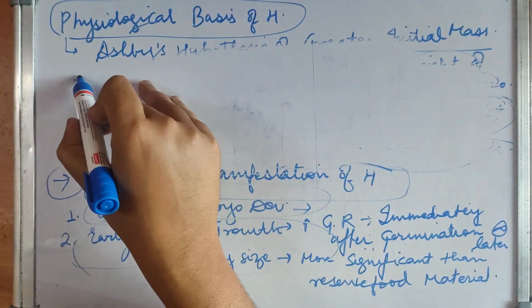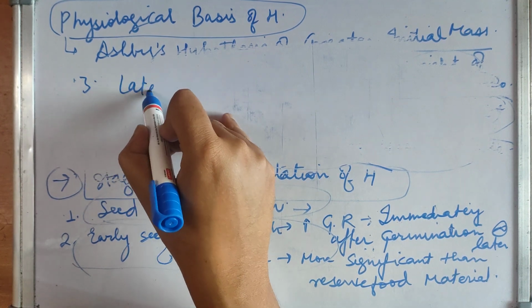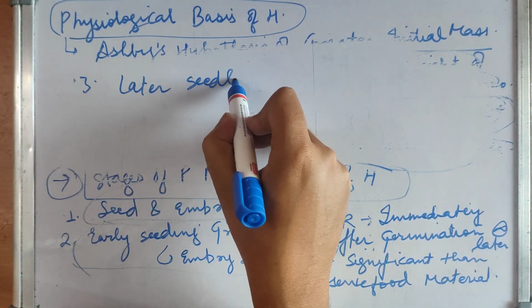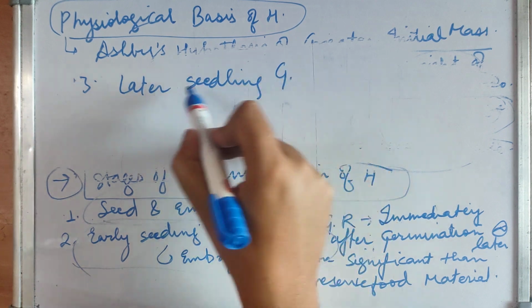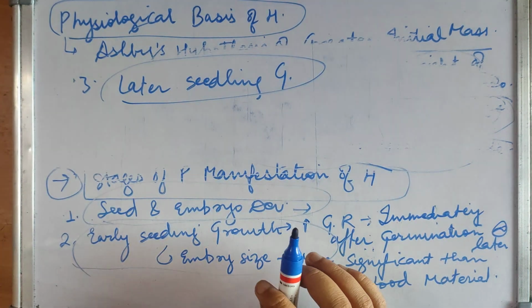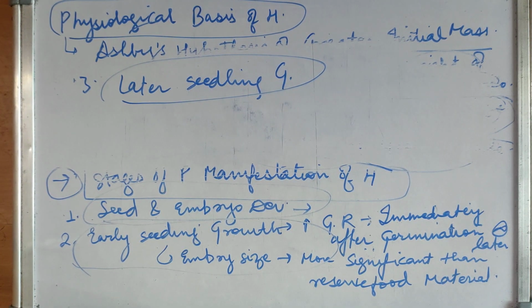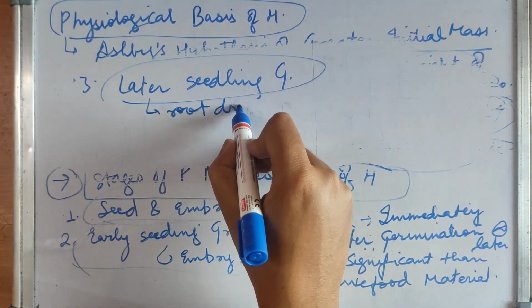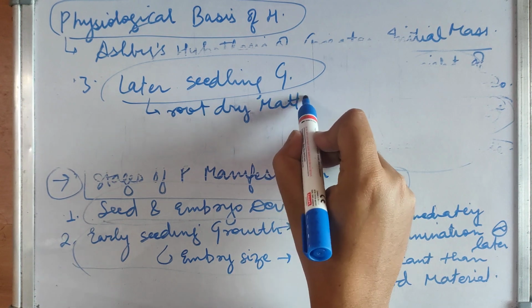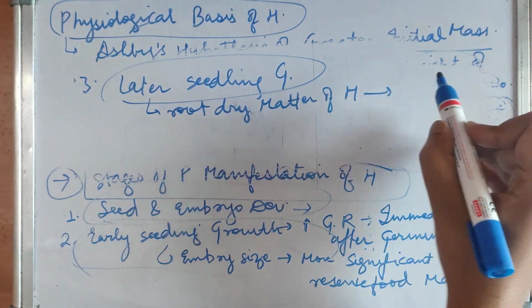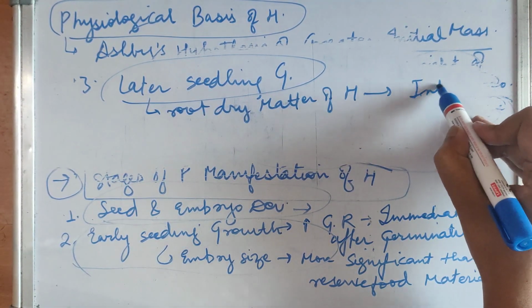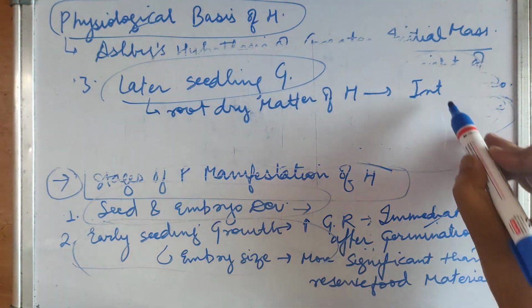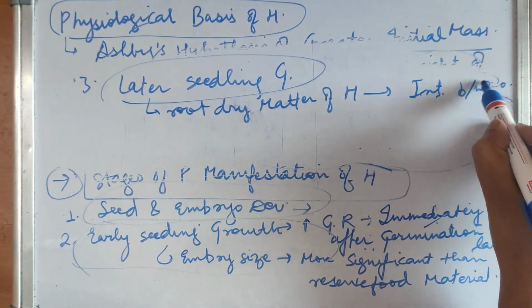And also at later seedling growth, how can we manifest heterosis? The root diameter of hybrids is intermediate between parents.